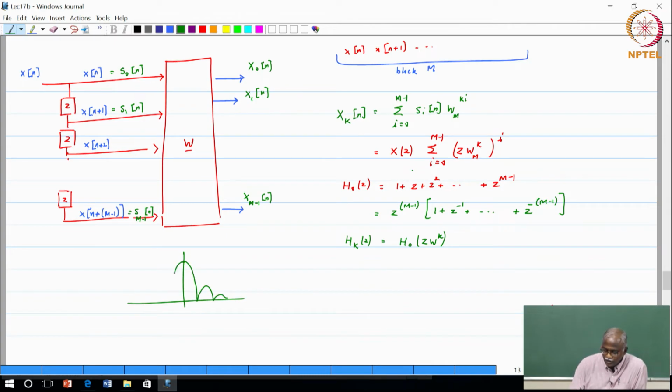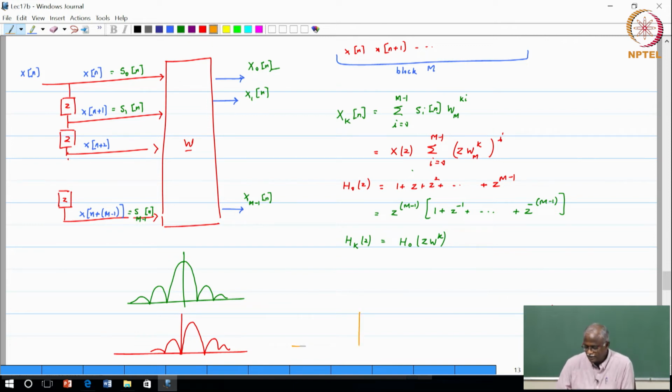The first DFT coefficient is effectively the DC term, because this is the filter that filters out the DC. The second DFT coefficient is the one that is slightly shifted, basically low frequencies and so on and so forth, and the last of the filters is the one that goes very close to 2 pi.